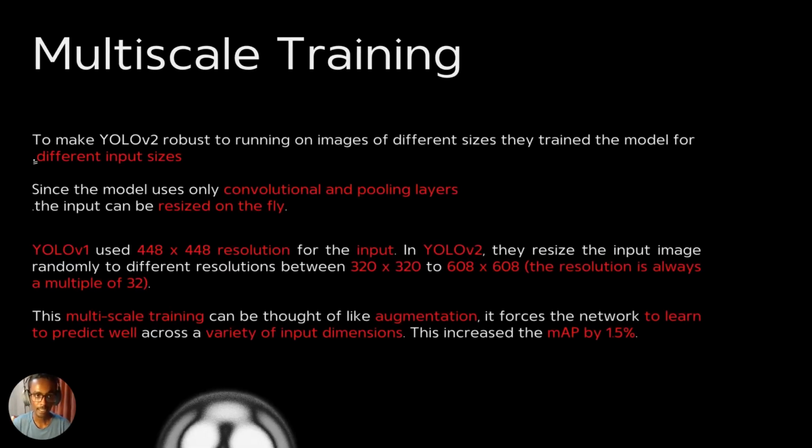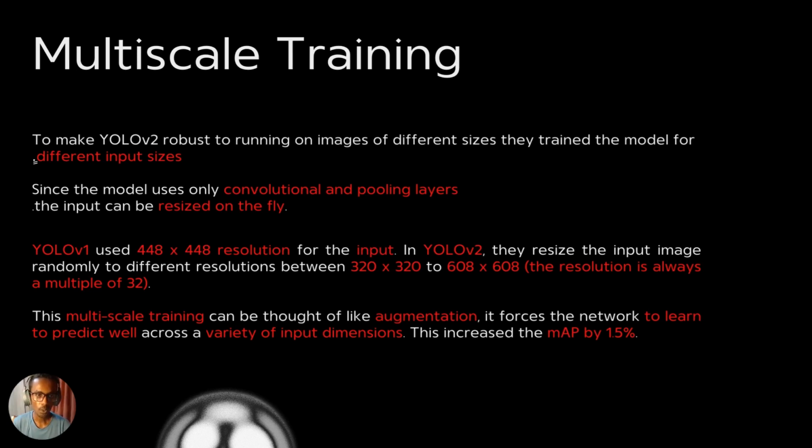Another technique that they introduced was multi-scale training. So to make YOLO V2 robust to running on images of different sizes, they trained the model for different input sizes. So instead of using just the original 448 by 448, we can use different input sizes.